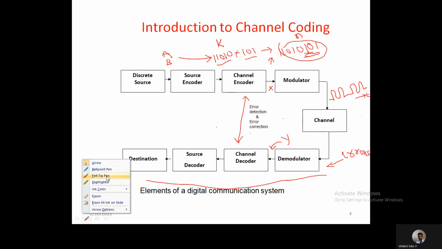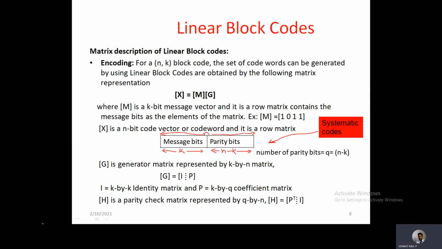a matrix, and let us say the matrix is M. Now this matrix is going to be multiplied by another matrix which is defined by the channel encoder we are using here. When this message vector M and G are multiplied, finally the code word is obtained. So that's why there is a matrix multiplication. M is multiplied with G. What is G here?